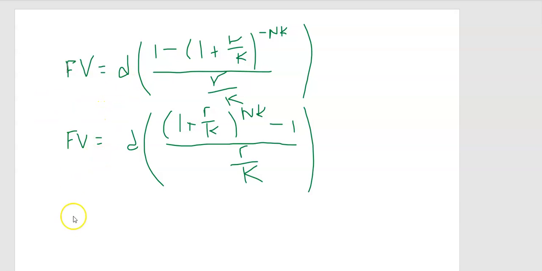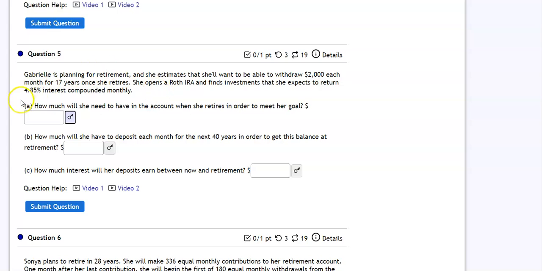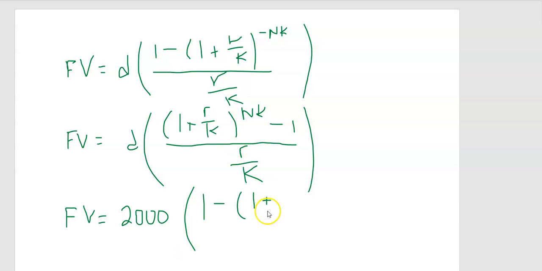All right, so let's fill in. We know the amount that she is going to want to withdraw is $2,000. So we're going to put that in for D. The interest rate, I believe, was 4.85%, but let's look back. 4.85%. So let's change that into a decimal, 0.0485.